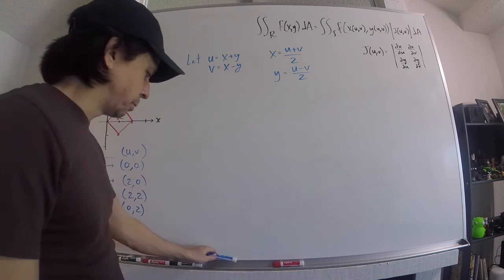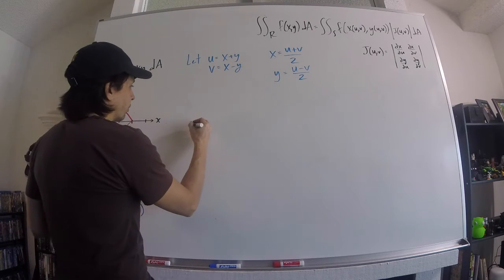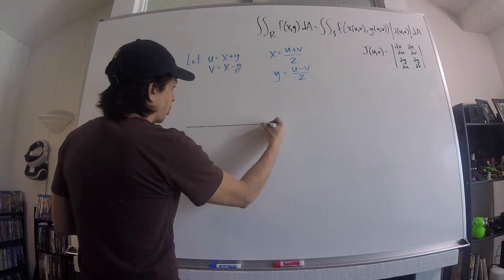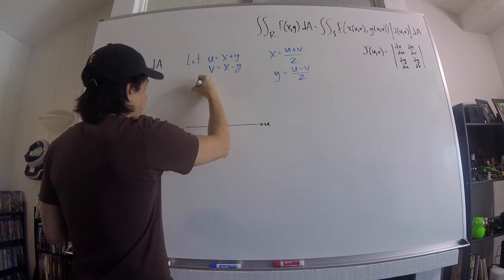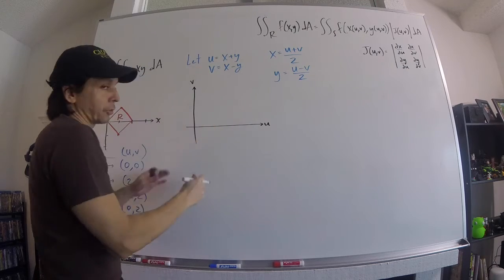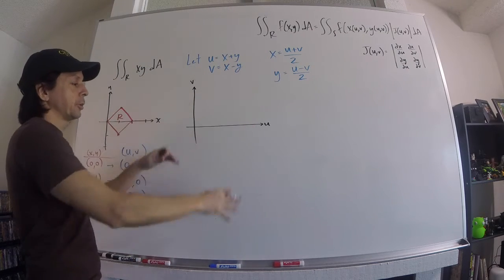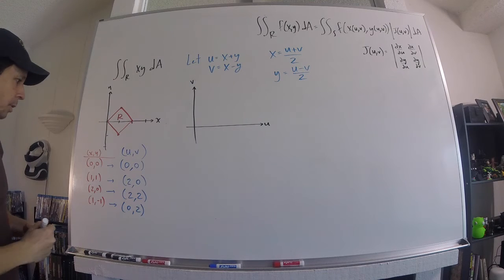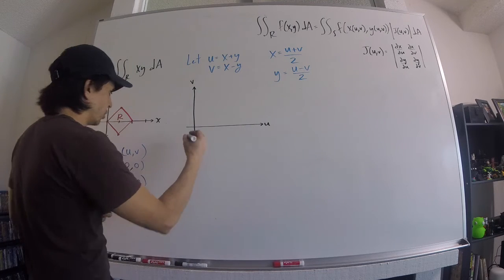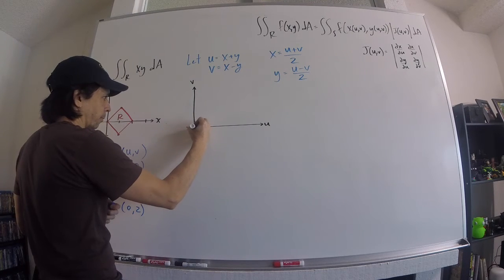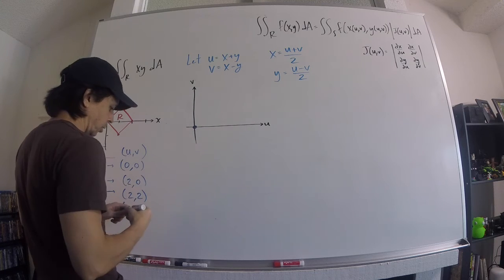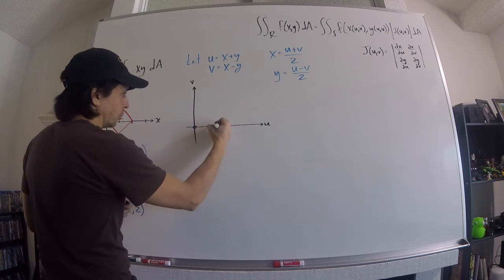Let me draw my UV plane. This is important because I'm going to be integrating with respect to u and v, and I've got to set up new bounds based on the region here in the UV plane. Okay, but anyway, my new region is going to have vertices at 0, 0, 2, 0, 2, 2, and 0, 2.